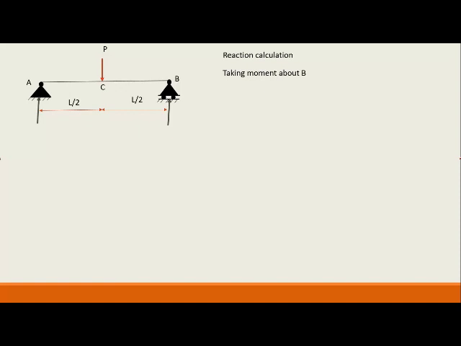Here we have to see how to calculate the moment. We have to take clockwise moment as positive, and anti-clockwise as negative. It may be considered vice versa also, but here we are taking clockwise positive, anti-clockwise negative.